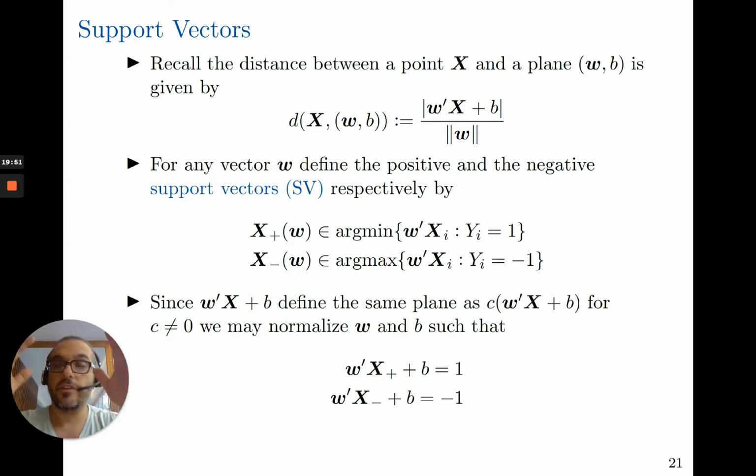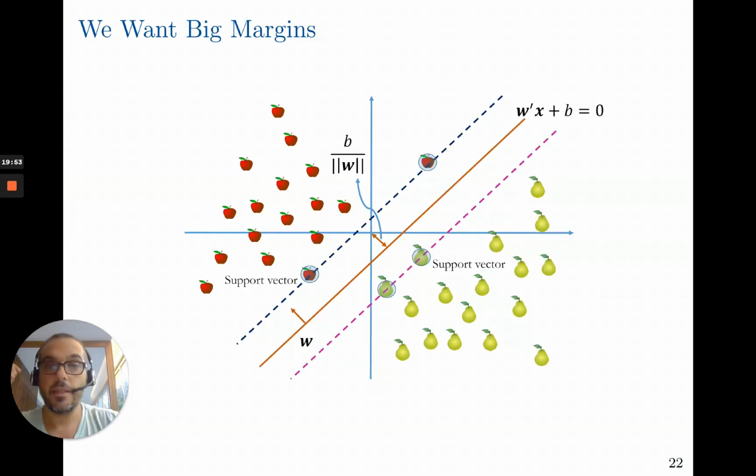So we're going to define these 2 extreme cases. Here we have one support vector and another support vector, and they define the frontier.